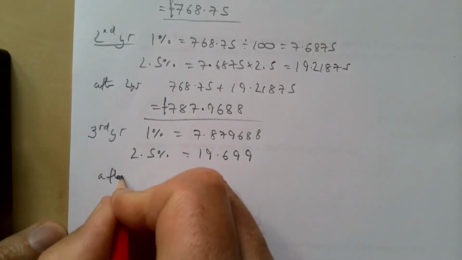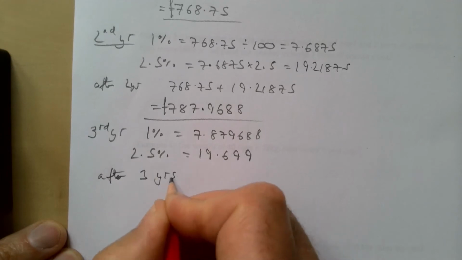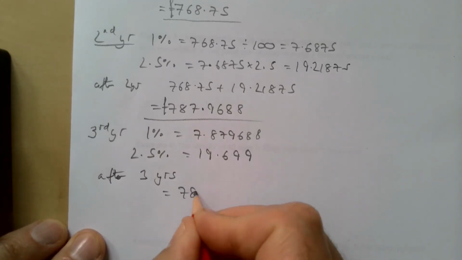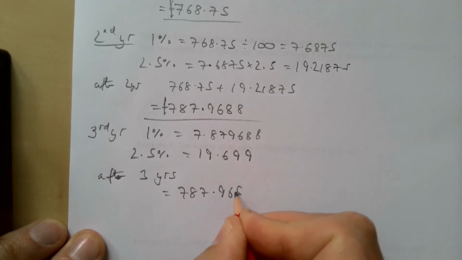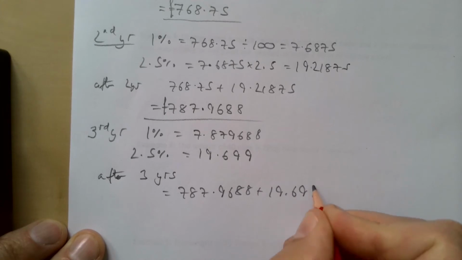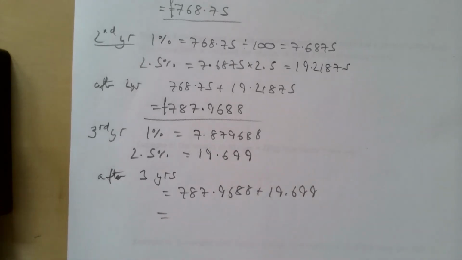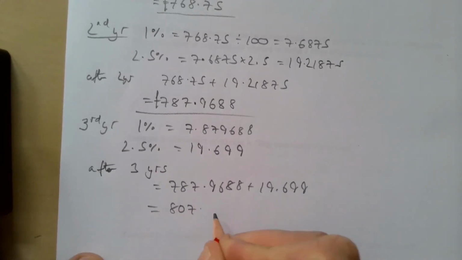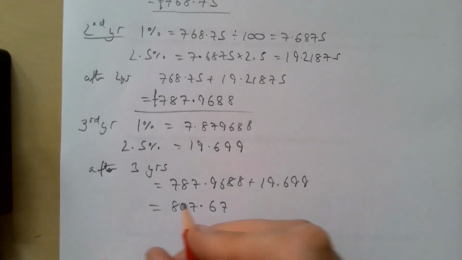And after 3 years, we have 787.9688 plus 19.699. And we have £807.67. Notice I've worked a lot of decimal places in at the very end.